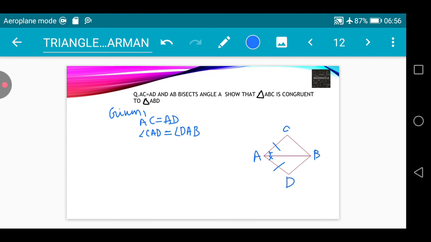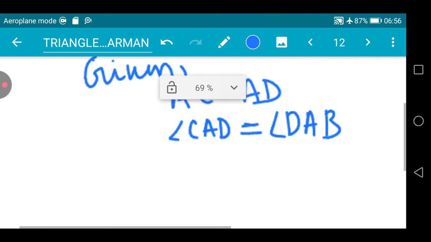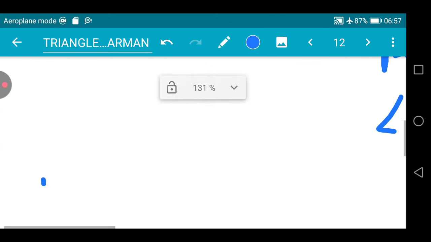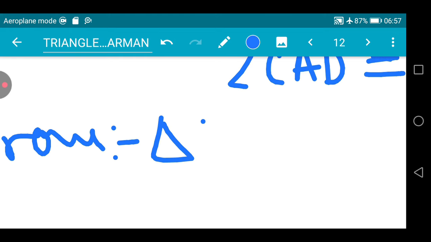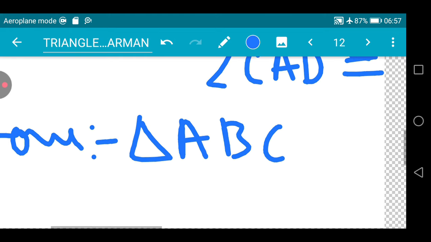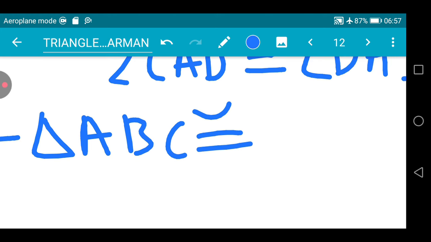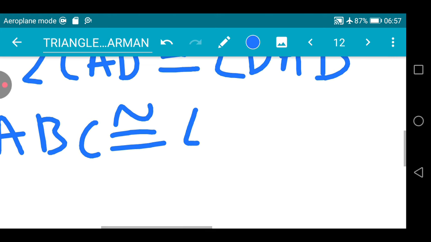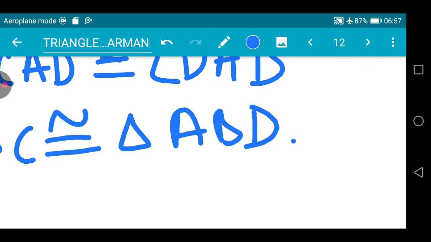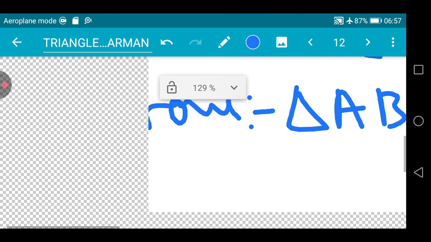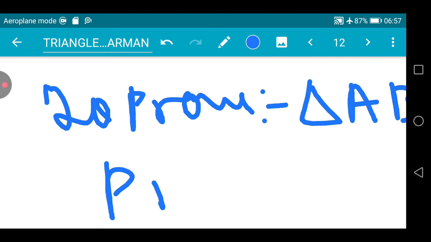So we have written given. To prove: triangle ABC is congruent to triangle ABD. And now the proof.